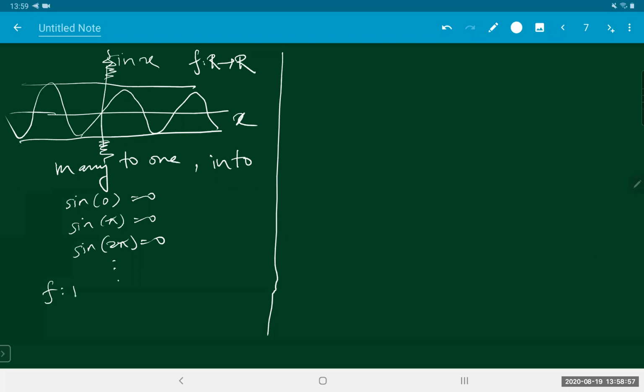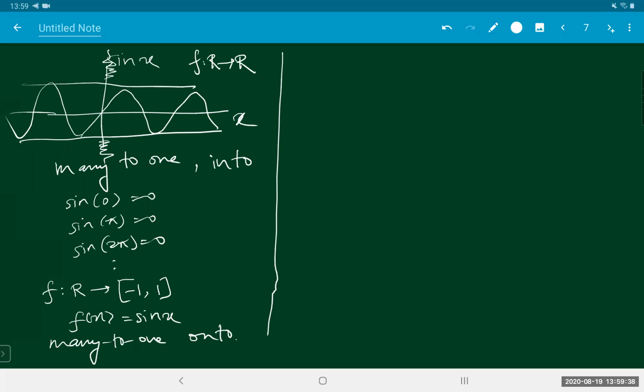So if I say f goes from R to the range -1, 1, and then I say sine x, then this is many to 1 and onto. Okay. Any questions on this? Great.